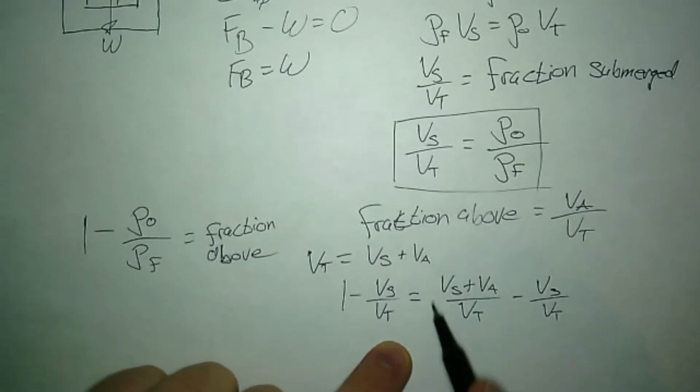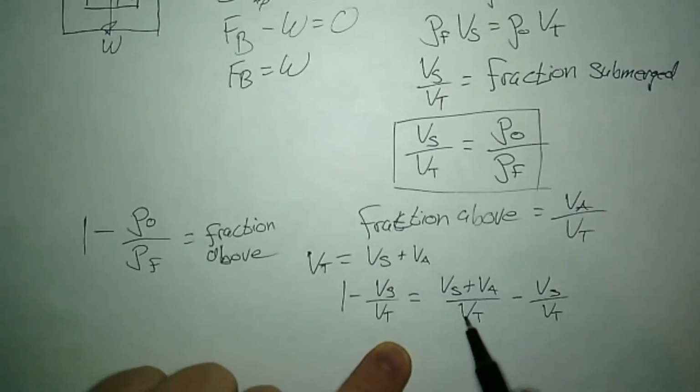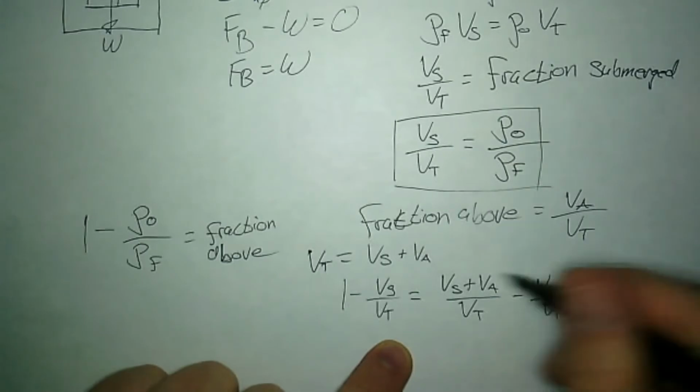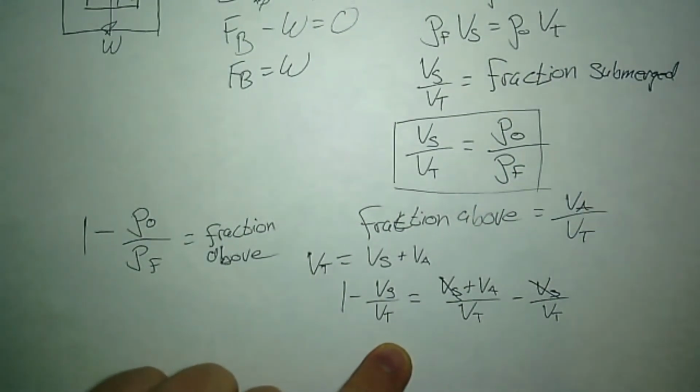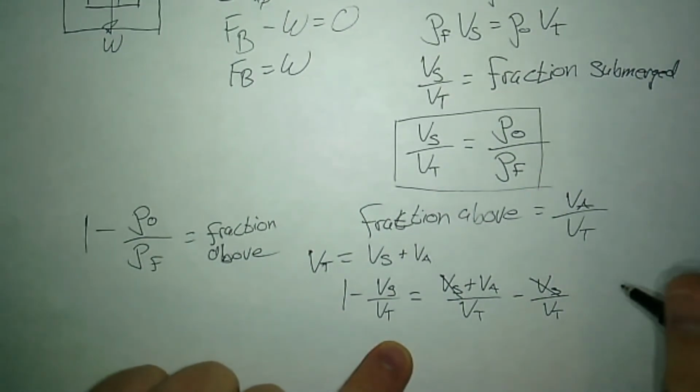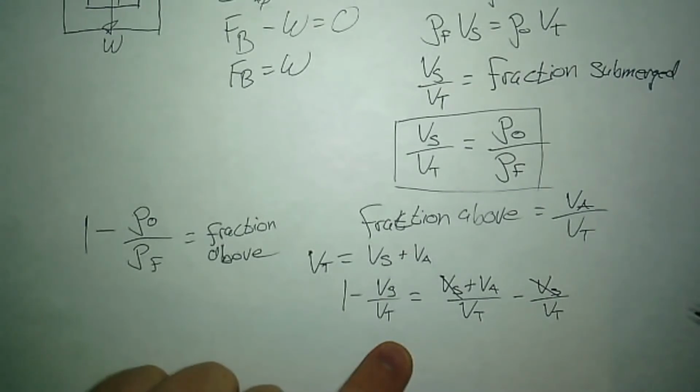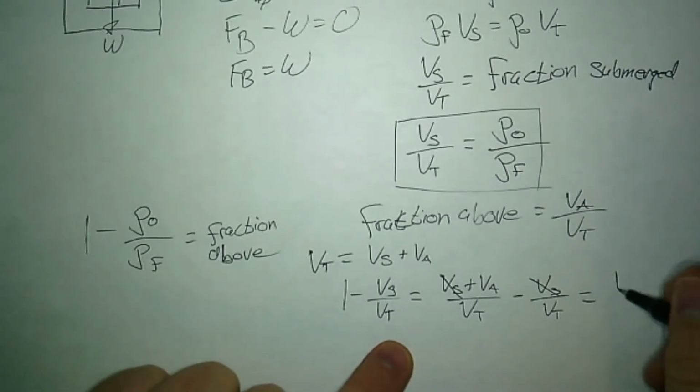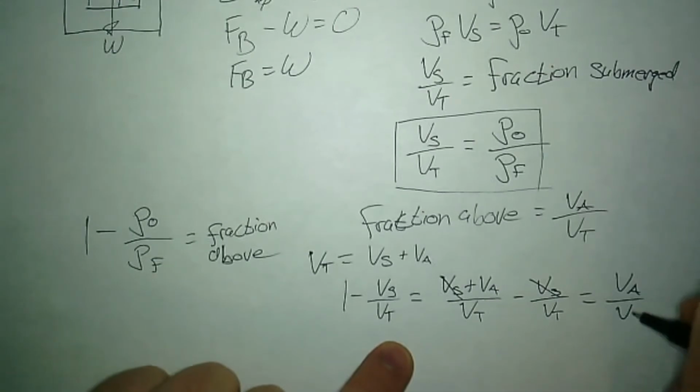And I can write this like this because we said those are the same thing, right? So this is just equal to 1. But now when I do the subtraction, I lose this term, right? So then this is going to get me volume above over volume total.